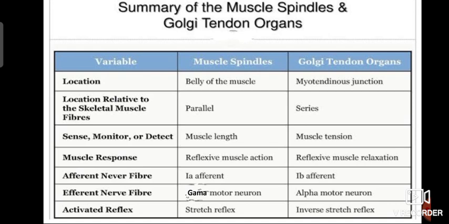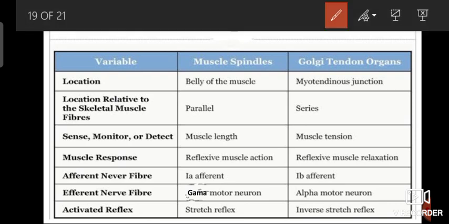So now next is the afferent nerve fiber. Muscle spindle has 1A afferent fiber, Golgi tendon organ has 1B afferent fiber. Now the efferent nerve fiber: muscle spindle has gamma motor neuron, and Golgi tendon organ has alpha motor neuron. But in muscle contraction, the final common pathway or final common motor neuron is the alpha motor neuron.